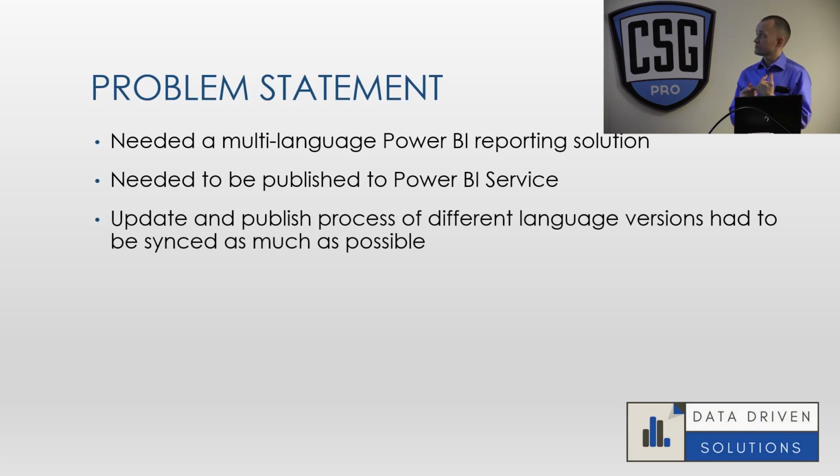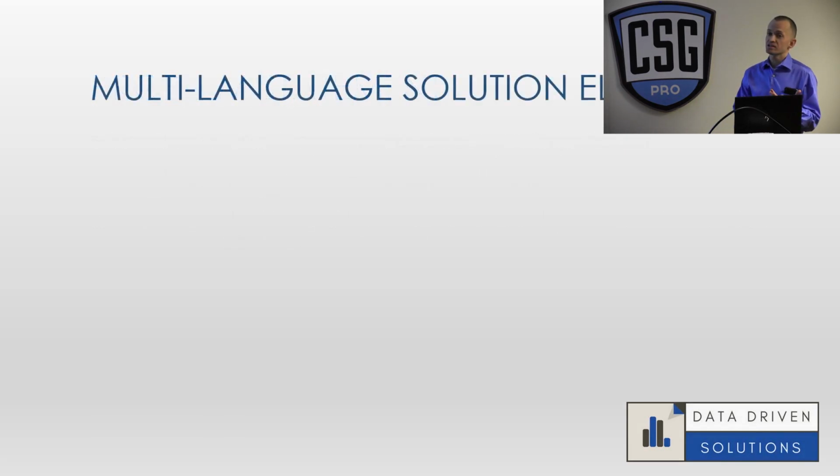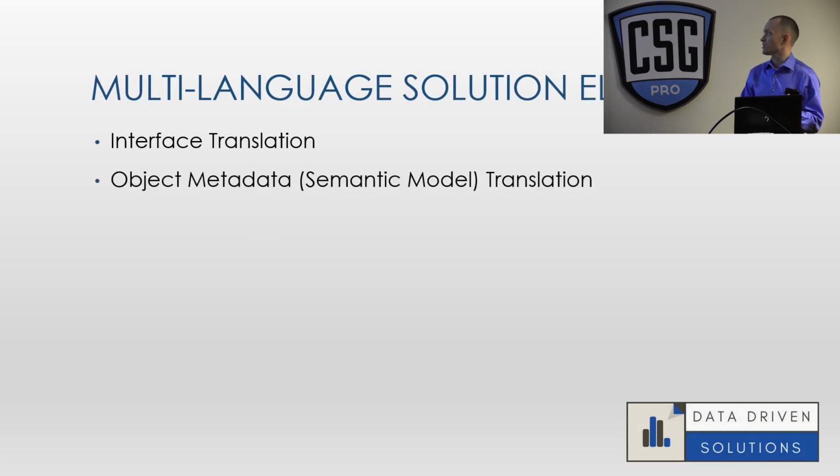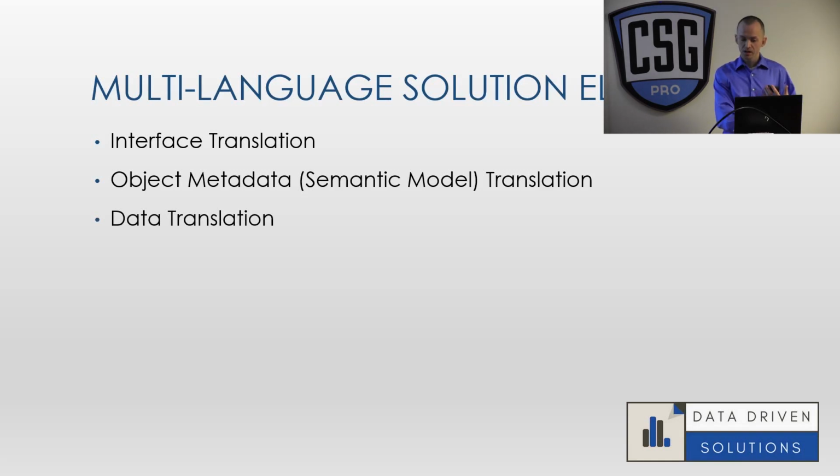So let's talk about what those elements are: the interface translation, the object metadata, sometimes called semantic model translation, and also the data translation. By the interface, we mean either the Power BI Desktop version itself, or the Power BI service default language version.